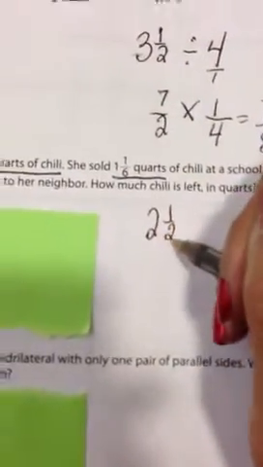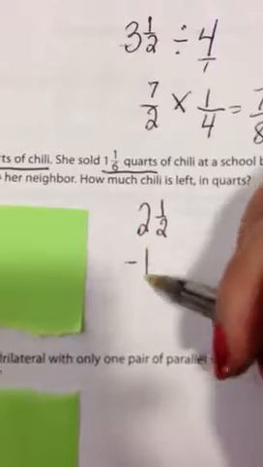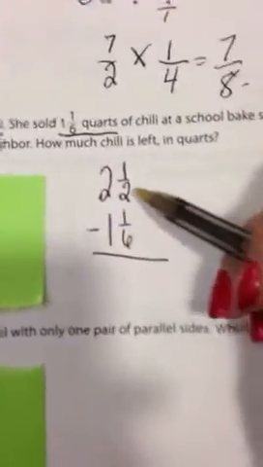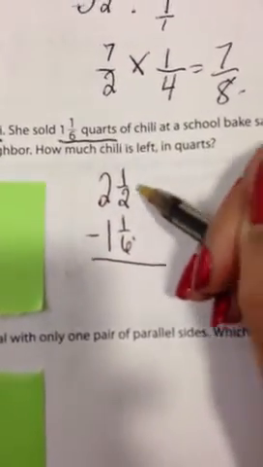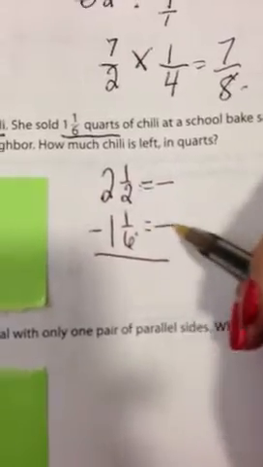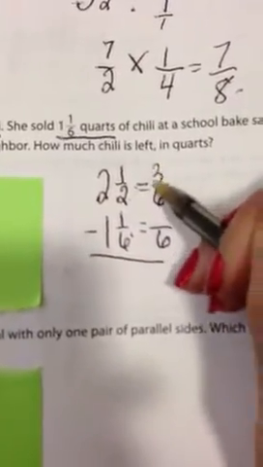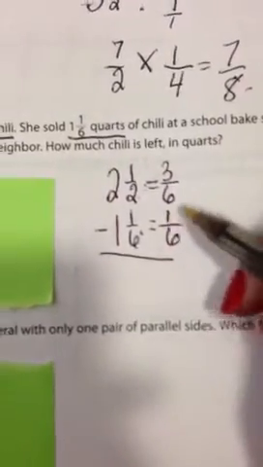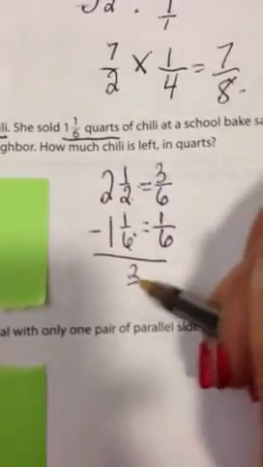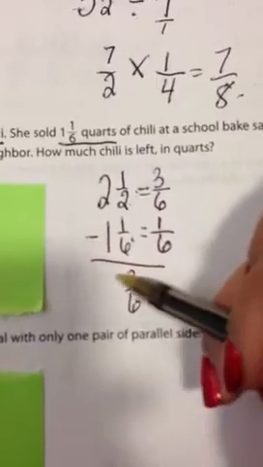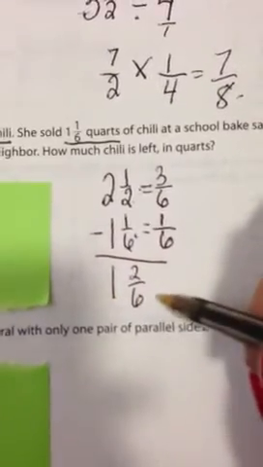So, essentially, we're doing 2 1/2 minus 1 1/6. I need these two numbers to have the same denominator, which is a 6. 1/2 is the same as 3/6. Now I can subtract. I get 2/6. I get 1 and 2/6.